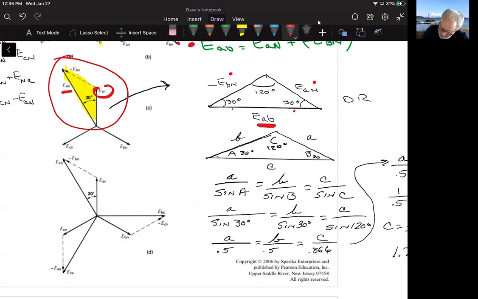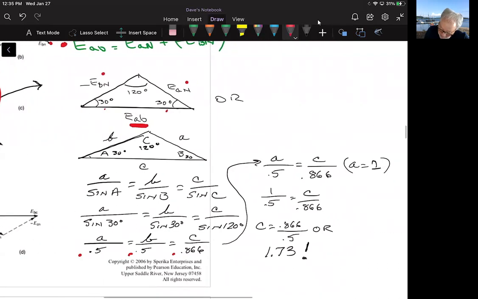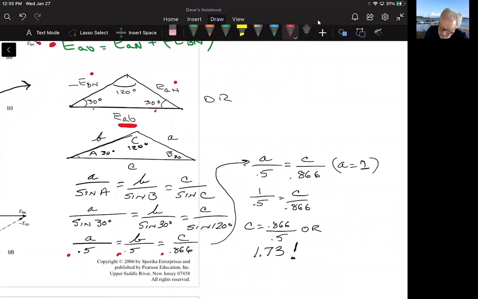To put some numbers in this, the sine of 30 degrees is 0.5. The sine of 120 degrees is 0.866.